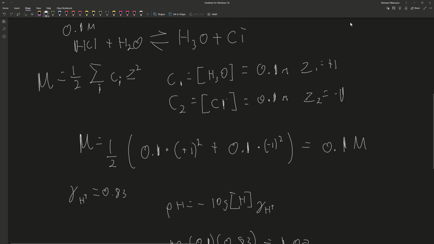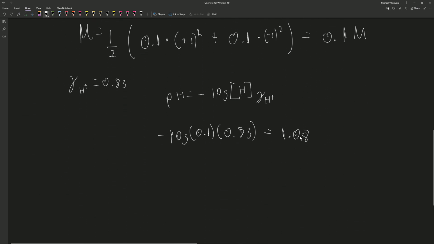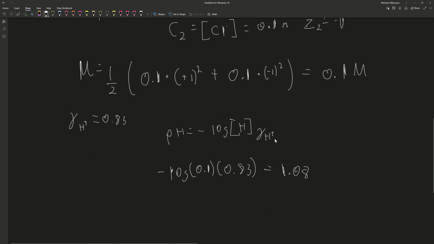Notice our original equation gave us 1.00, and this one gave us 1.08. So the activity has the potential to have a slight effect on the pH of the solution. Keep that in mind.